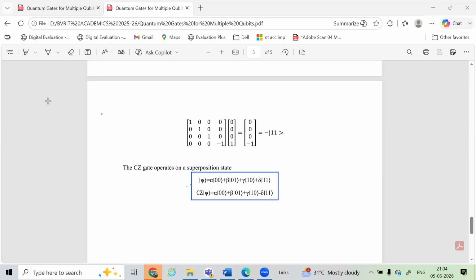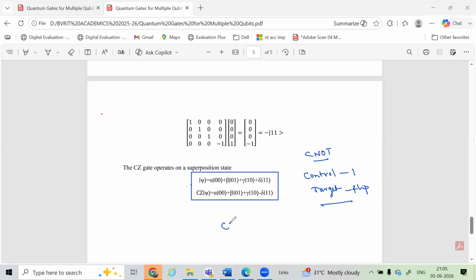In the case of the CNOT gate, only when the control is 1, the target flips: 0 becomes 1 or 1 becomes 0.